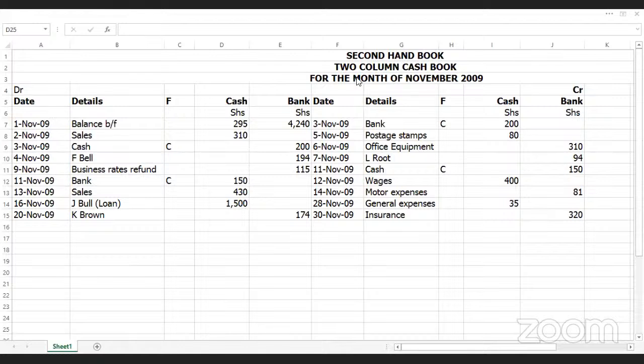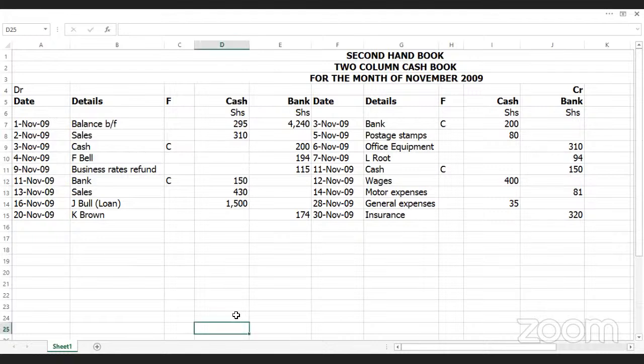Yes, Emma, of course, I had to mark it. Steven is talking about the network. We are back. We are trying to balance the cash book.